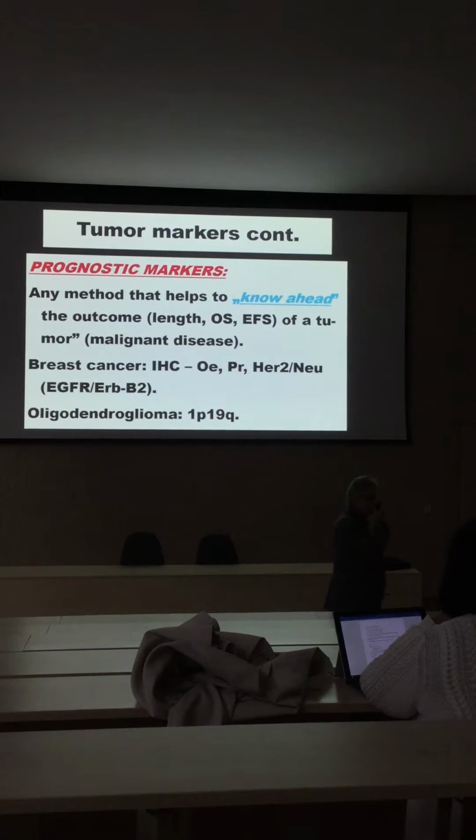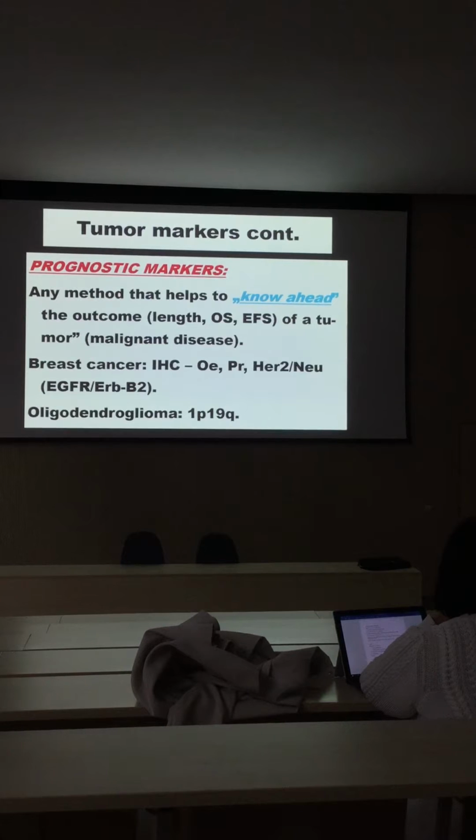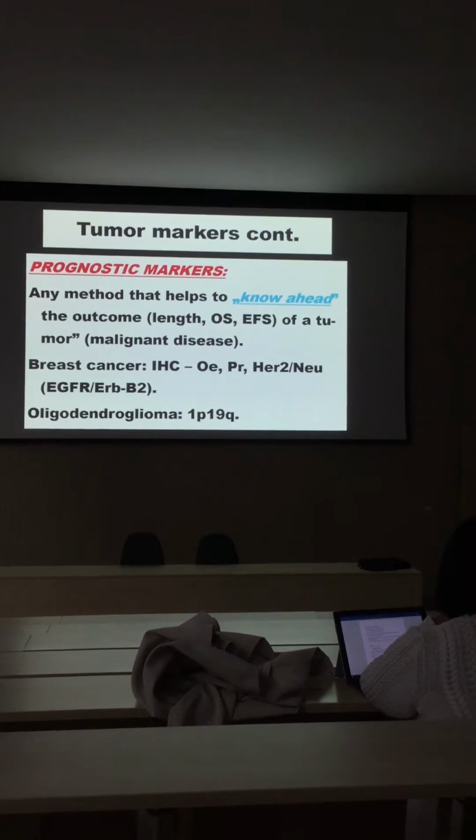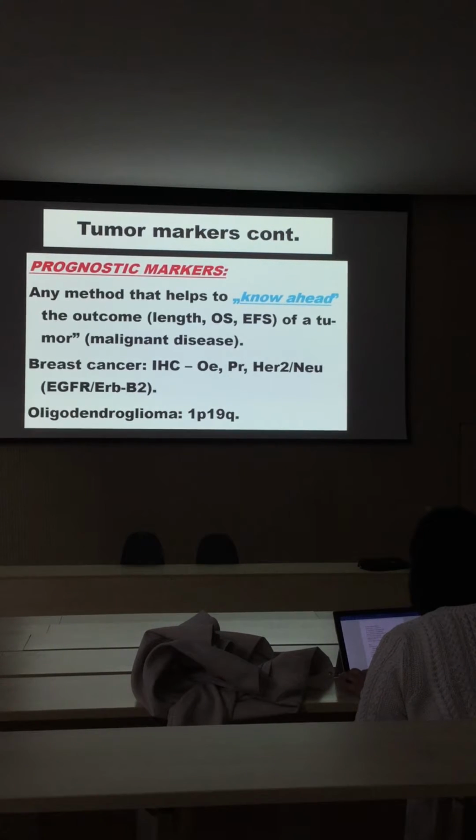And in this case, predictive too, because those brain tumors which are characterized by 1p19q co-deletion respond very favorably to PCV therapy, which is procarbazine, carmustine, and vincristine, rather than to Temodal, which is the most commonly used chemotherapeutic agent in brain tumors.